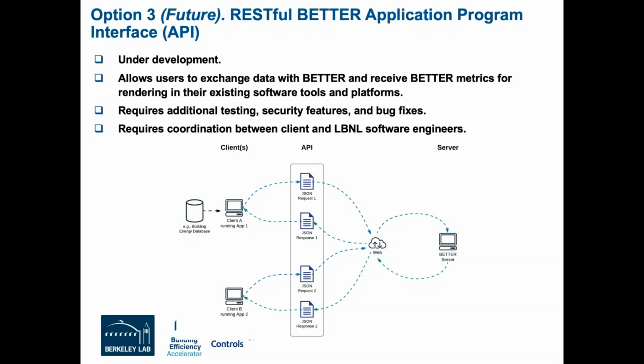It also requires coordination between a client software engineering team and our own software engineers at LB&L at this stage. But it is something we're working toward to allow for very large scale bulk data transfer and for certain clients to integrate our analytic outputs within their own software applications.